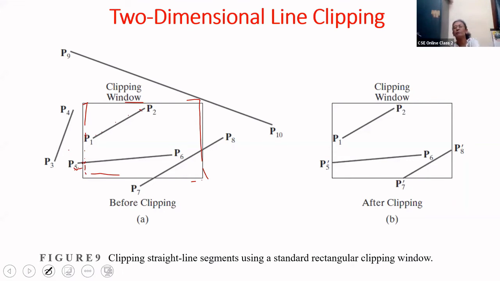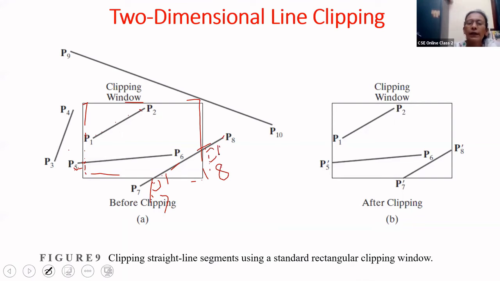Now we take another line, P7, P8. That is this line. Here again we see that the part of the line from P7 to say P7 dash is outside the clipping window, and so that part is to be clipped out or eliminated. Again, the point where the line P7, P8 intersects the boundary is say P8 dash.